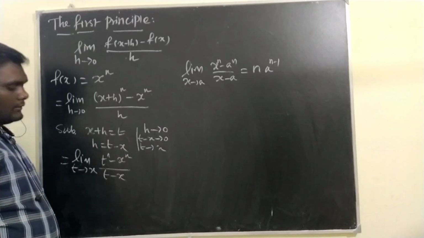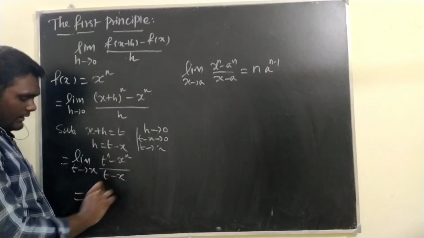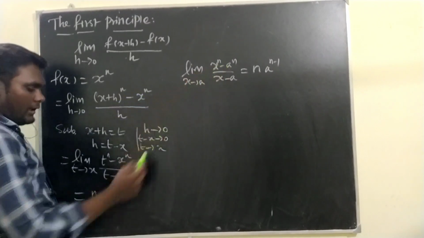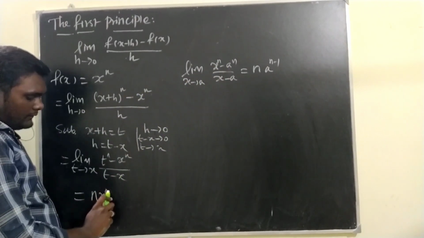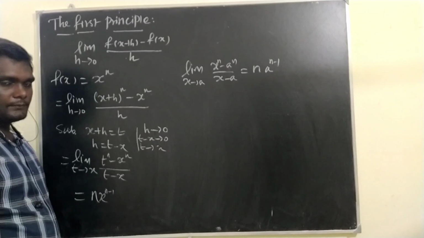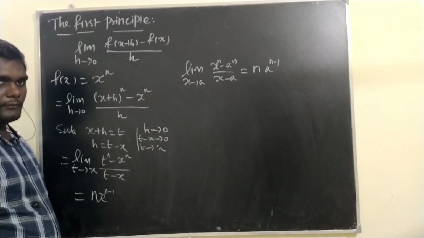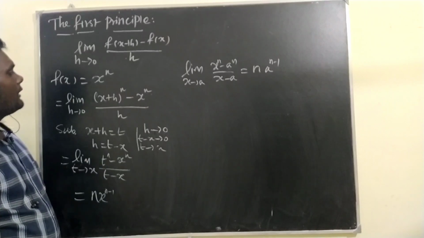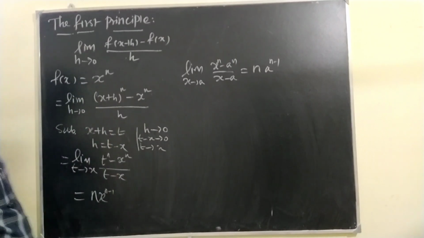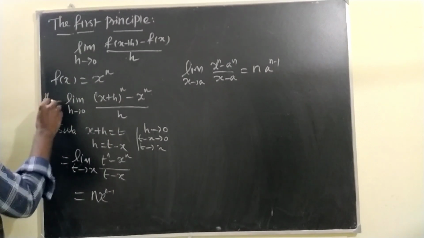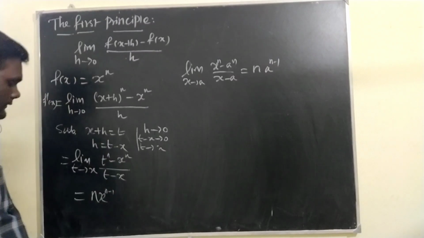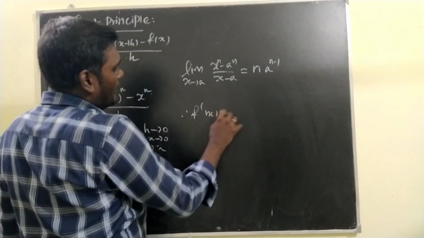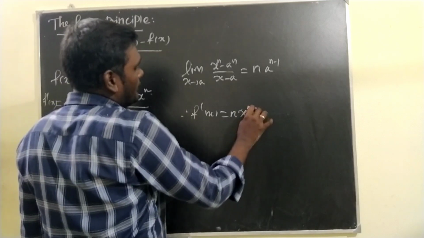So this answer would be n into x power n minus 1. This is what we call the derivative of f of x, and we denote it by f dash of x. Therefore f dash of x is n into x power n minus 1.